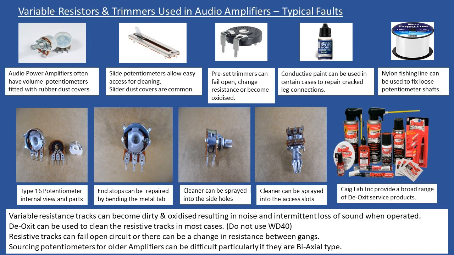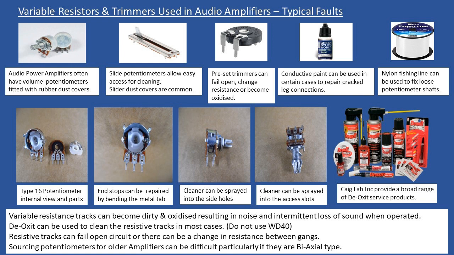So these are the rack-mounted audio power amplifiers which are used in studio work or maybe live venues. What you'll find there is that these could be, again, say a 10K, so it's a single gang device, but what you have is a rubber cover over them, and that helps to prevent dirt going directly onto the carbon track in this case, because it would be a carbon type, and then creating the telltale symptom of noise.